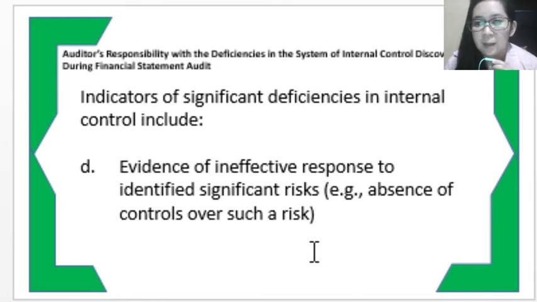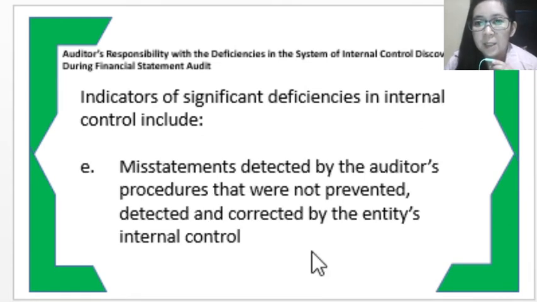Okay. Another is misstatement detected by the auditor's procedures that were not detected or corrected by the entity's internal control. So again, in this case the internal control is weak, and this is a significant deficiency.